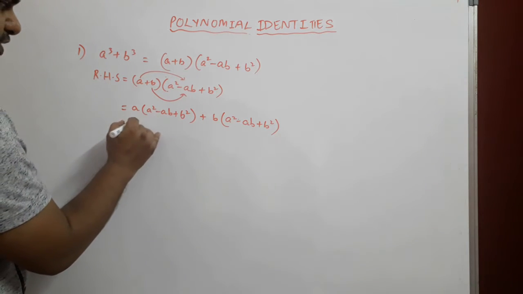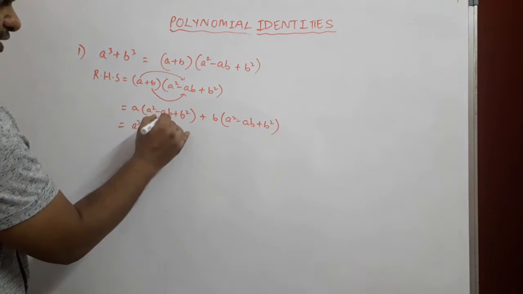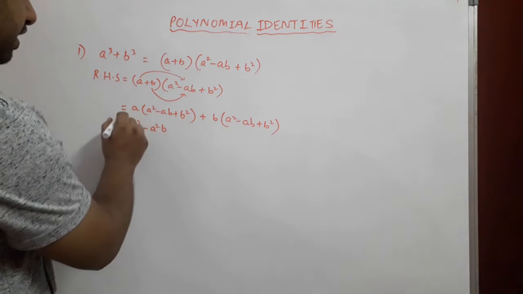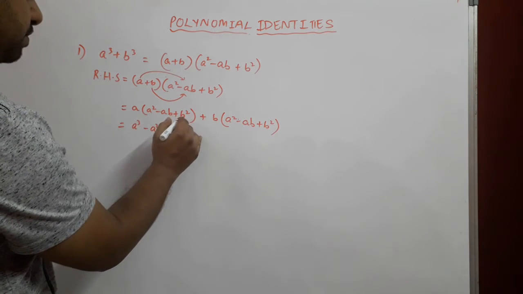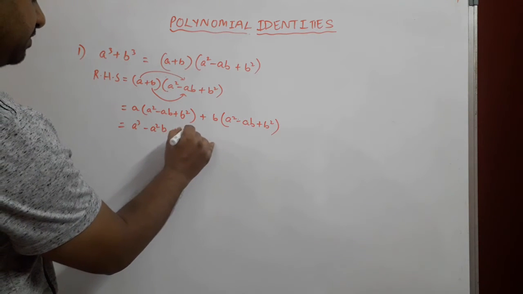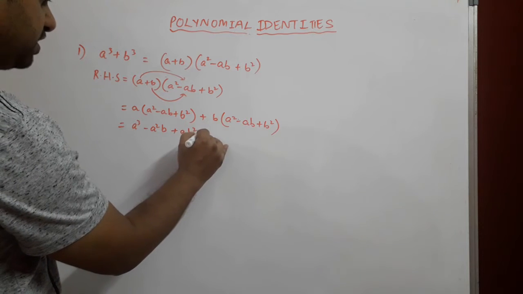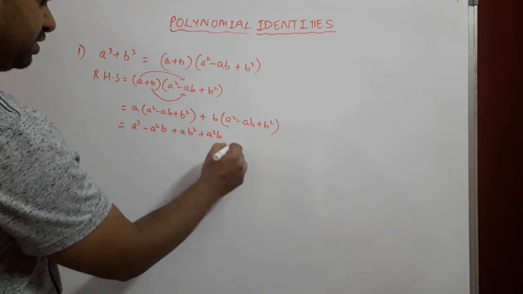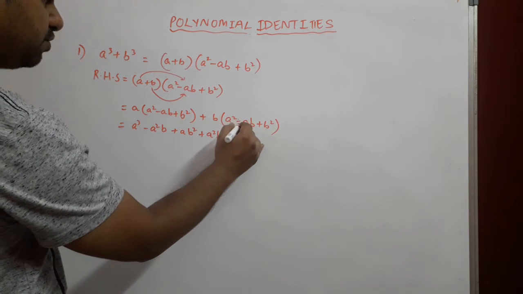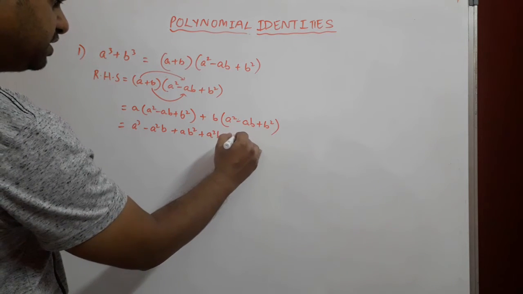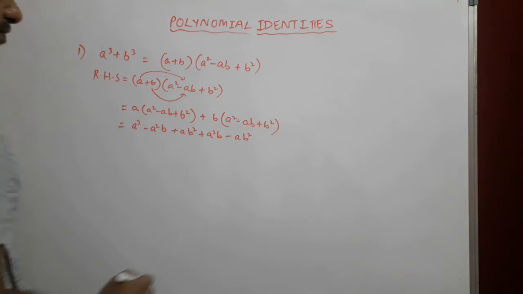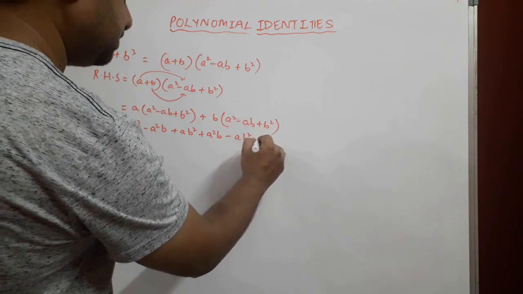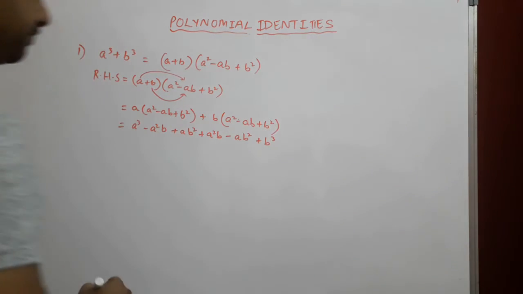A into a square is a cube, a into minus ab is minus a square b, and a into plus b square is plus ab square, followed by plus b into a square, which can be written as plus a square b, plus b into minus ab, which can be written as minus ab square, and plus b into plus b square gives us plus b cube.